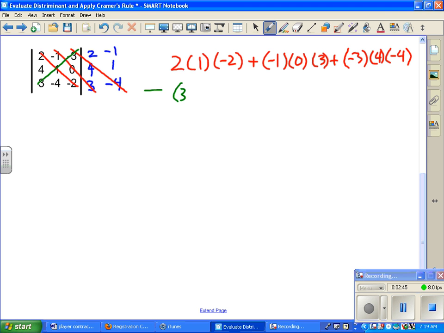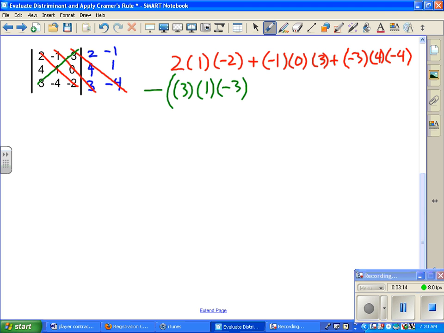So that'll be 3, oops, 3, I did it again. Hold on, let me just rewrite the whole thing. 3 times, this is all in parentheses here, we got to subtract the whole thing. So 3 times 1 times negative 3.